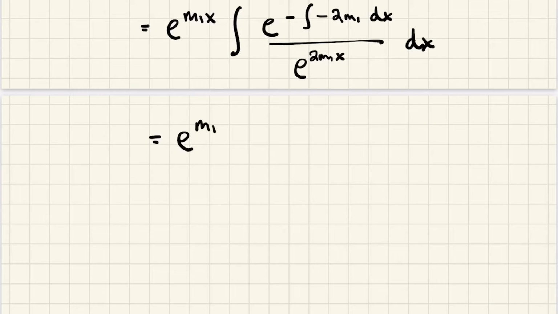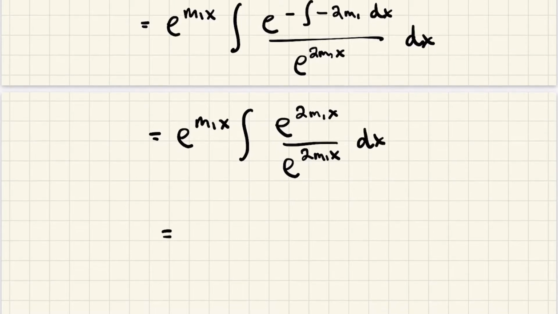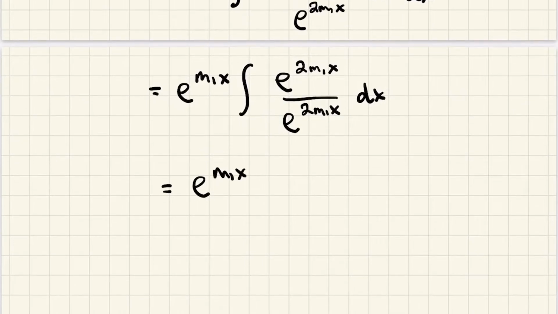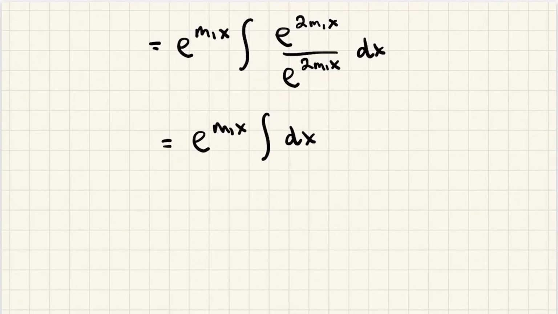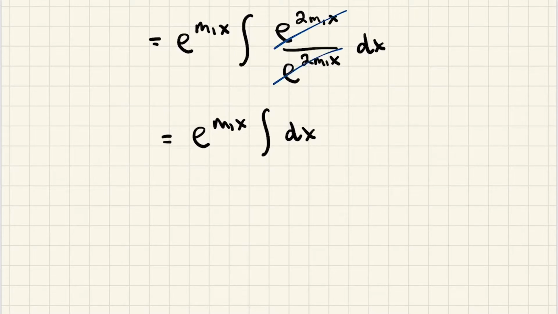Okay, so this is e to the m1x, integral of e to the, certainly those two negatives cancel, so we just get 2m1x when we integrate 2m1. This is divided by e to the 2m1x. Okay, so this is e to the m1x times the integral of simply dx, because those two terms cancel. This is what our second solution is equal to. Let's call it y2 at this point. So we can conclude that y2 is x e to the m1x.